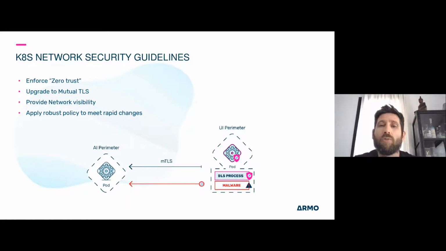For those who don't really know what zero trust is, the idea is: don't trust, always verify. It's really based on the identity of entities. And when it comes to the real world, it's something you know and something you have.